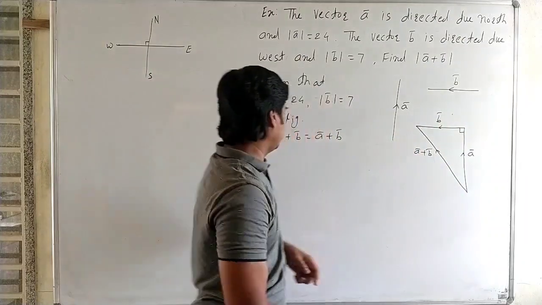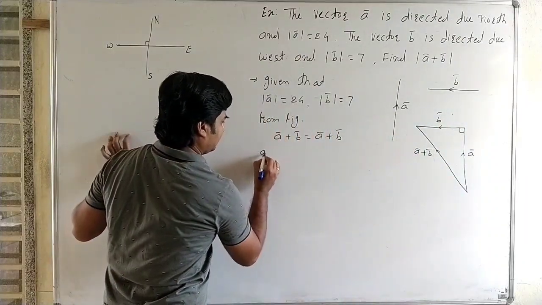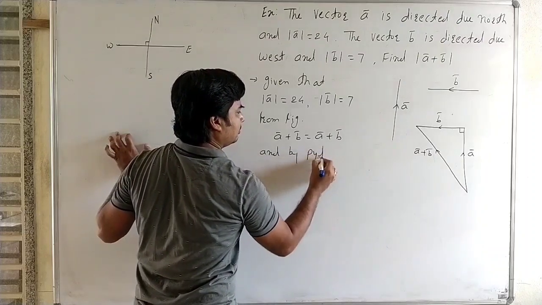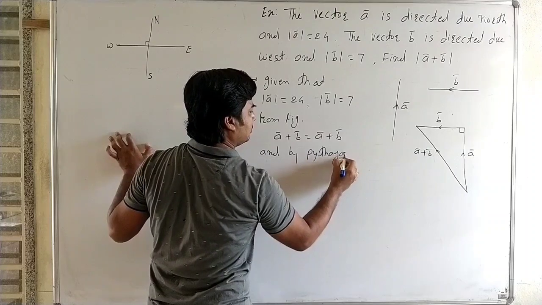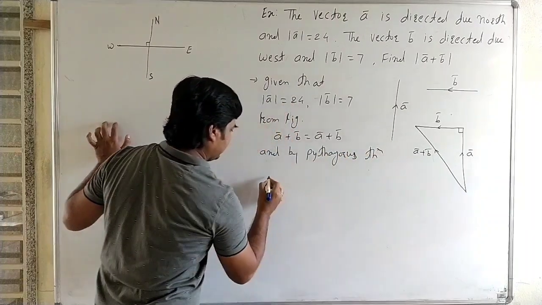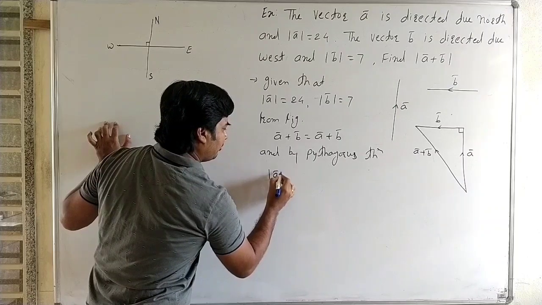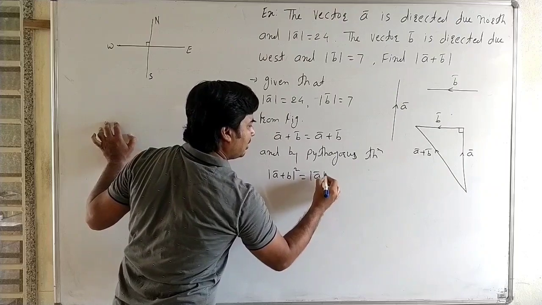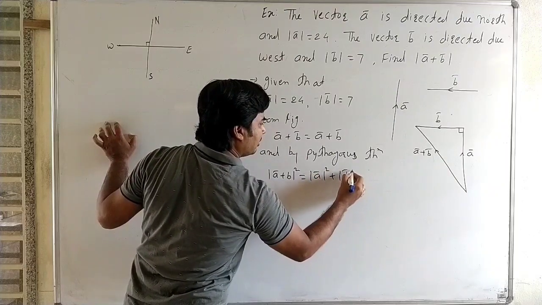Therefore by Pythagoras theorem, we can write the magnitude of A bar plus B bar whole square is equal to the magnitude of A bar square plus the magnitude of B bar square.